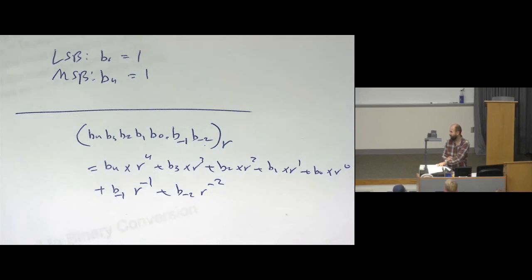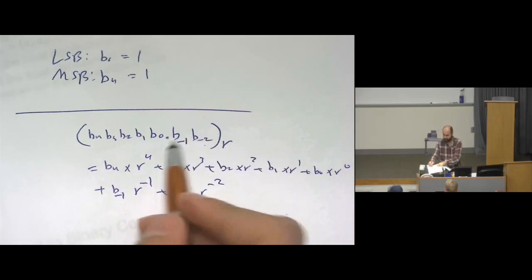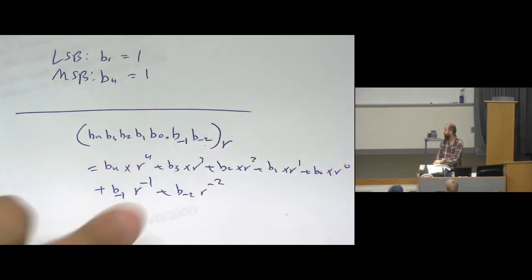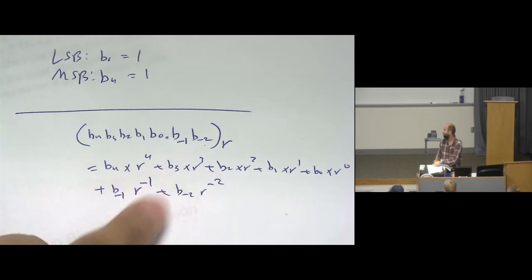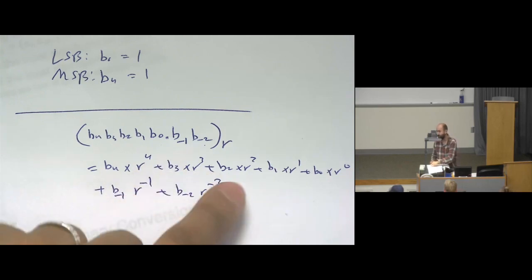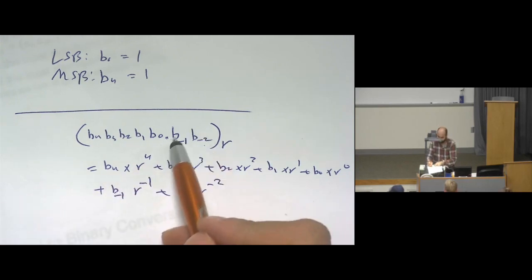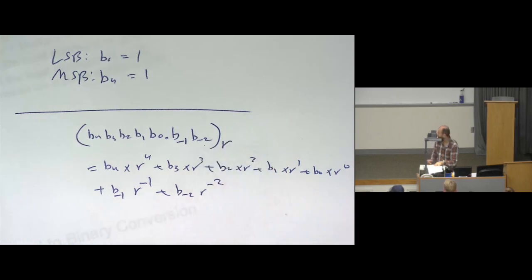I think it's called a radix point, but I'm not sure. After the point, the weights are different, so we need to make the power negative, then count -1, -2, and so on.